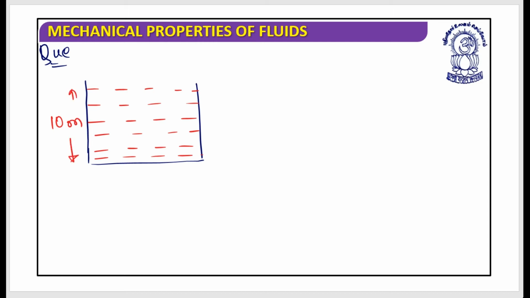Now you have made two holes, one here and one here. This one is at 2 meter from the top, and this one is at 2 meter from the bottom. Let's call this range 1, and this range 2.